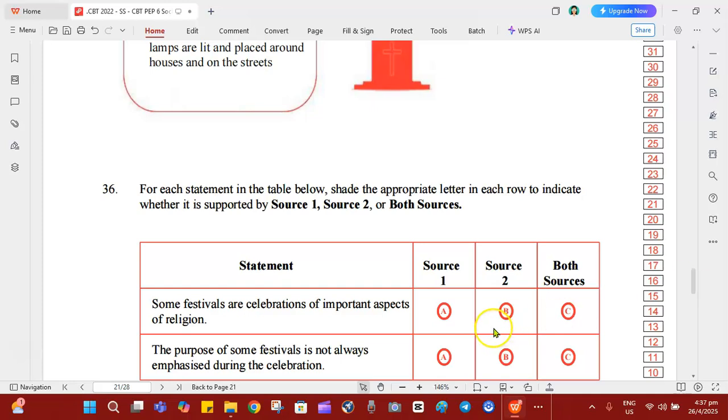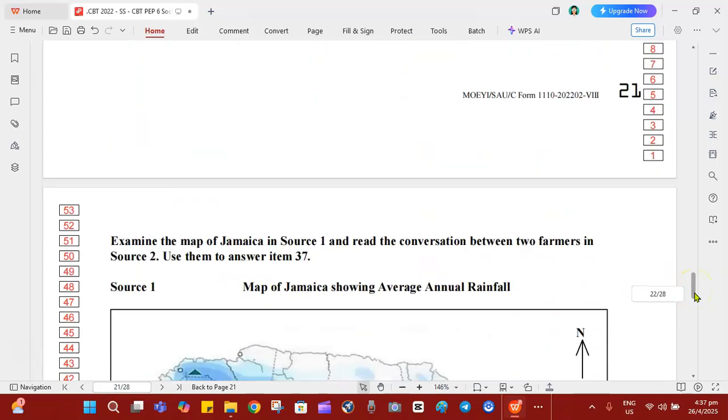And it would be which one, for 36? Both of them. So that's C. Alright, the purpose of some festivals is not always emphasized during the celebration. And the answer for that one would be B, as it states in source 2.